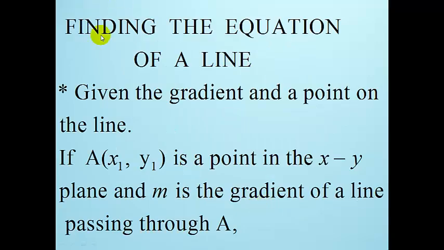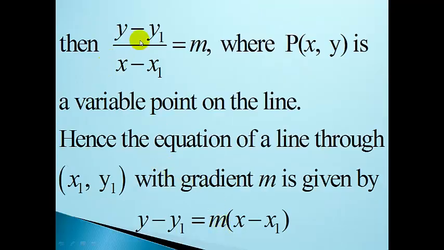Now finding the equation of a line. First, when we are given the gradient and the point on the line, how do we find the equation? If A(x1, y1) is a point in the xy plane and m is the gradient of a line passing through A, then (y minus y1) divided by (x minus x1) is equal to m, where P(x, y) is a variable point on the line.